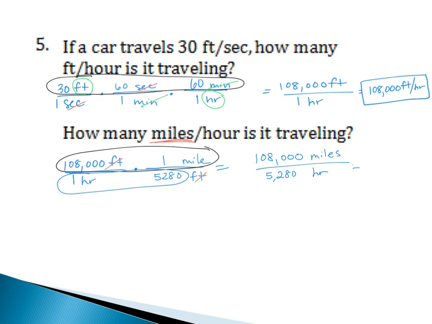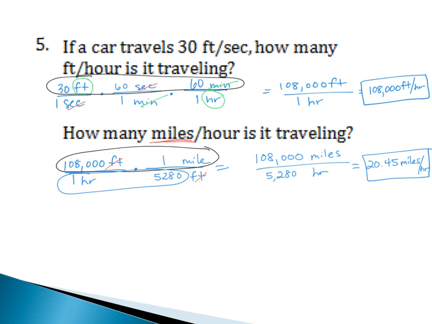And now we have to simplify a bit more. So you're going to have to divide 108,000 by 5,280, and it should be approximately 20.45 miles per hour. So that car is not traveling very fast. They must be taking the scenic route.